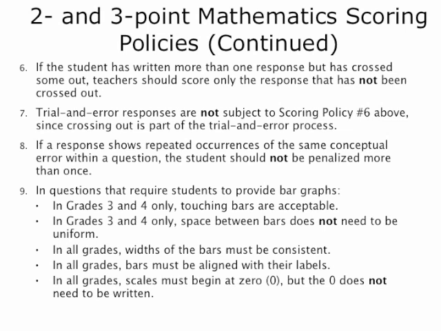Number 8, if a response shows repeated occurrences of the same conceptual error within a question, students should not be penalized more than once. And number 9, please read the applicable bullet points for your grade level in questions that provide bar graphs.